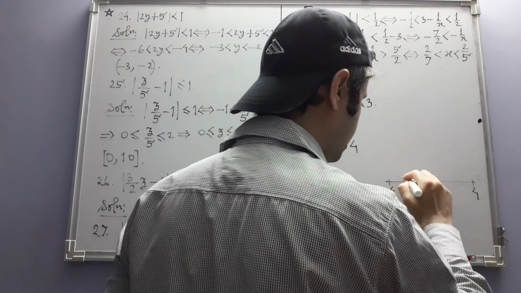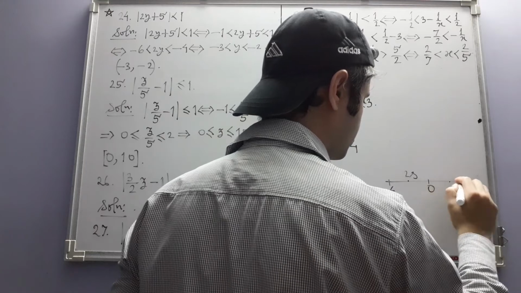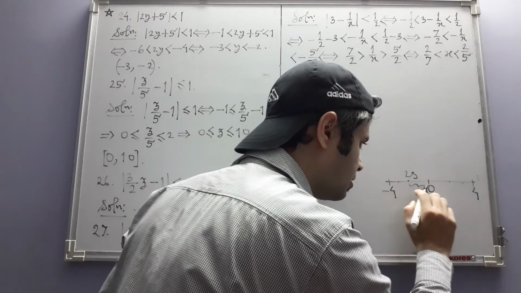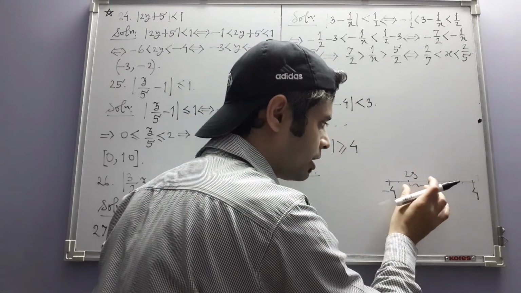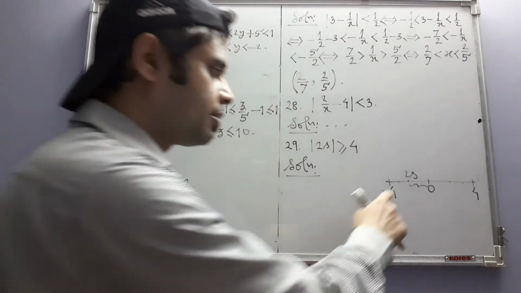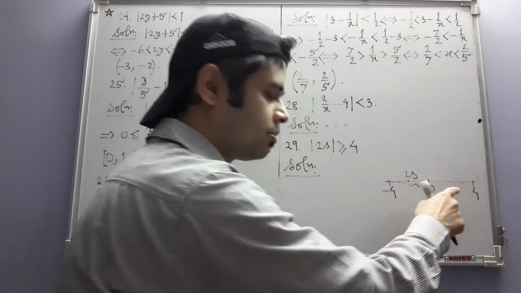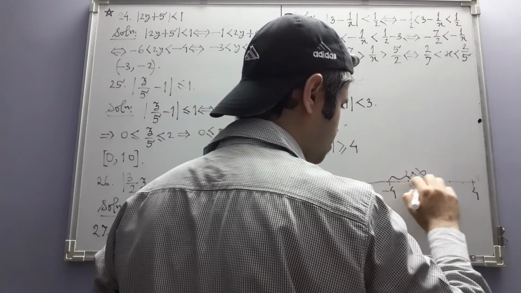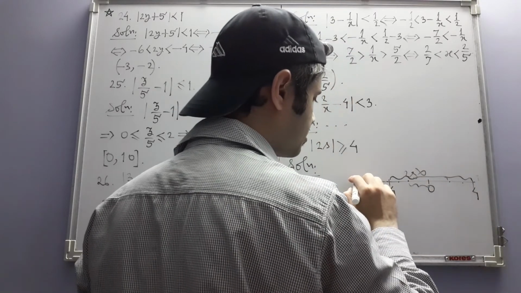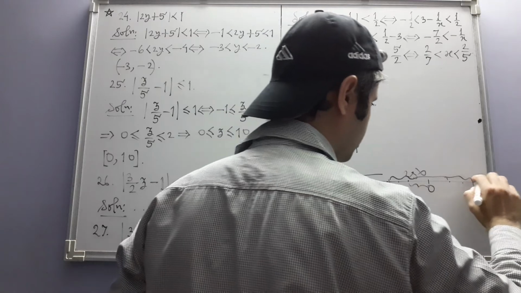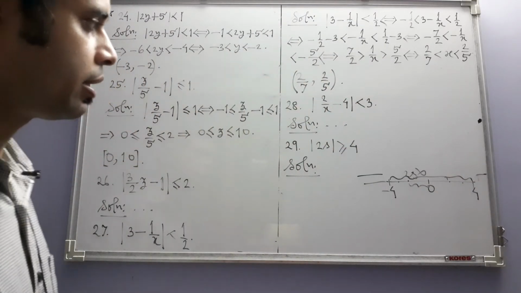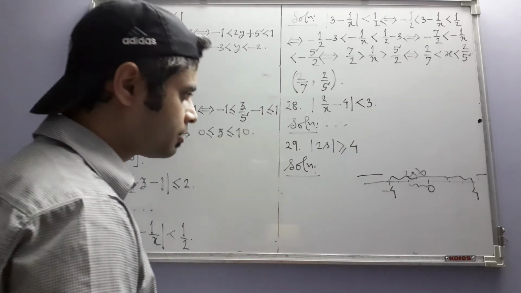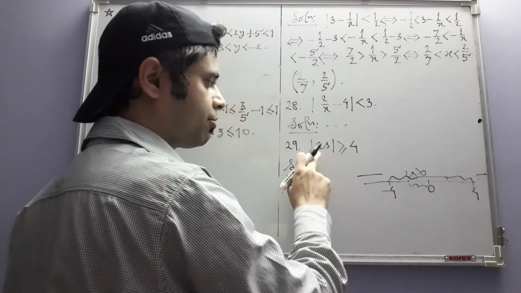So clearly the real number 2s cannot be here, I mean in between minus 4 and 4 anywhere, because then its distance from 0 is less than 4. This much is 4 and this distance is less than 4, either to this side of 0 or to that side of 0. So 2s must, this portion is not allowed. 2s must either lie on this side or on that side, and it's allowed for us to take the value minus 4 and 4. That also we can have minus 4 and 4 for 2s.